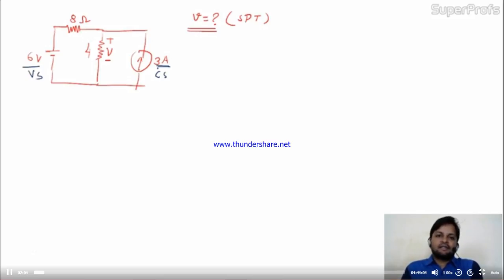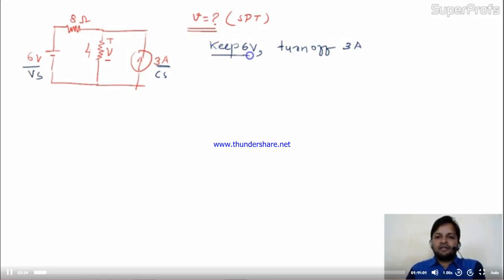Then at last we have to algebraically sum all of the responses. Okay. So here in the first step I'll keep 6 volt and turn off 3 ampere current. Is it okay to you?